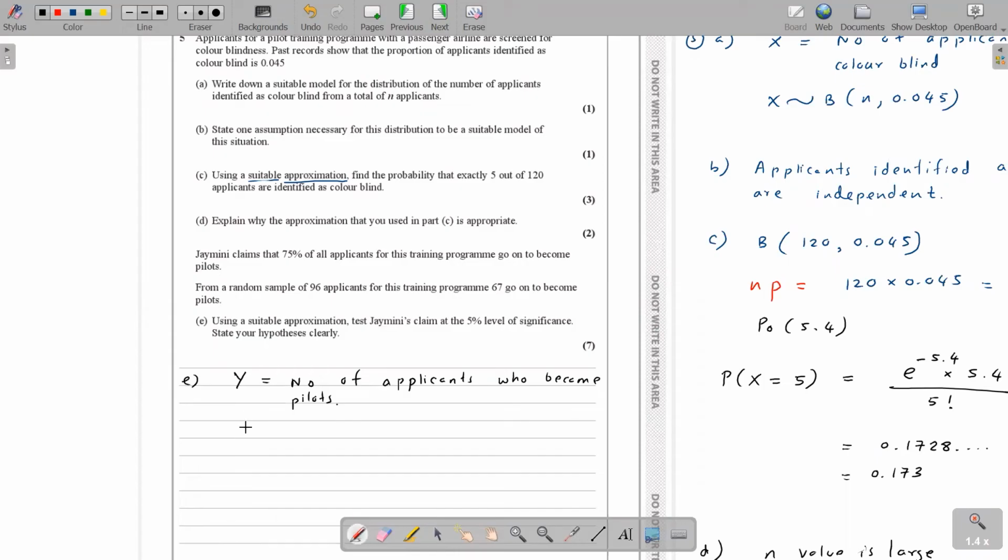Y follows what distribution at this point? I think we need to write a hypothesis first of all. He says that 75% of all applicants go on to become pilots, so let's write our H0 and H1. What is H0 and H1?